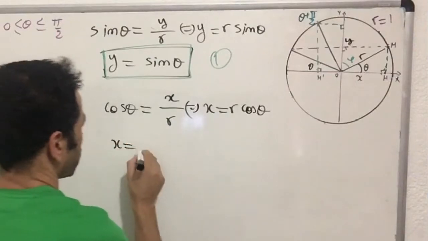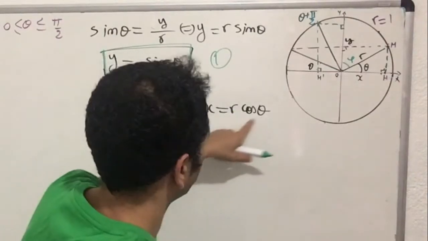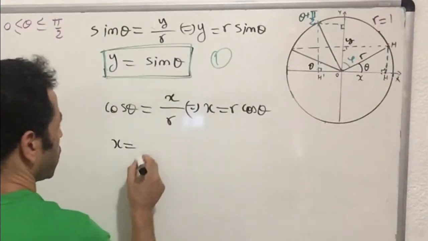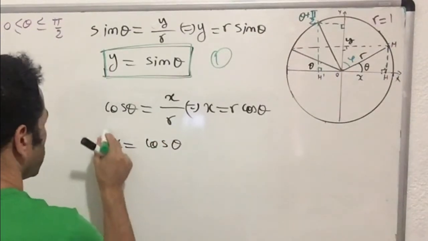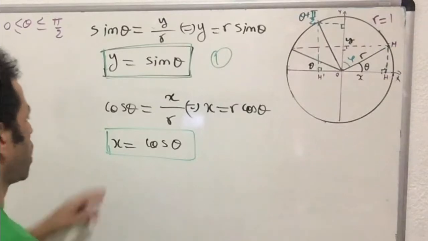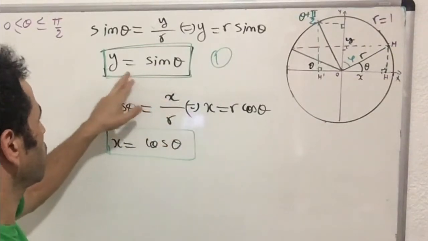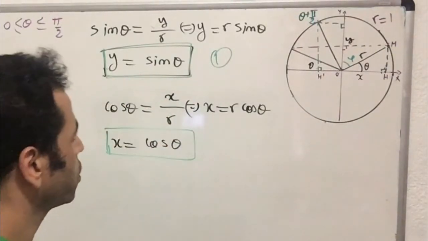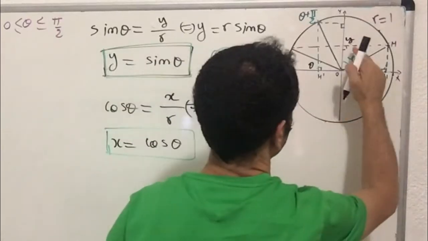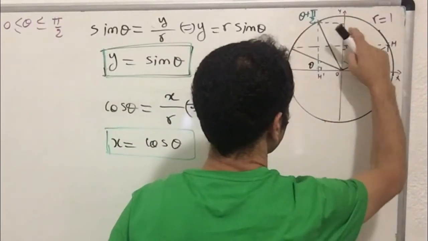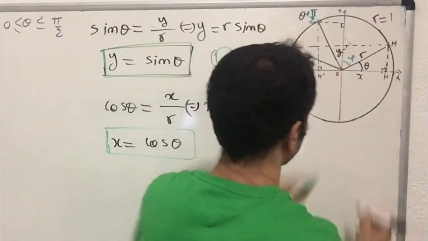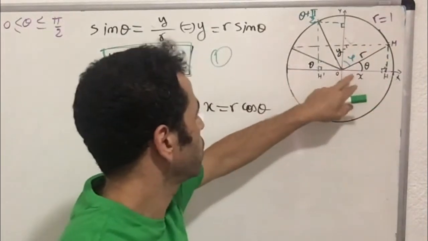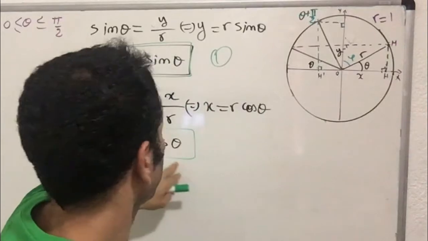Since r equals 1 because of the circle, x equals cosine theta. This is the second equation that I have. So I have x equal to cosine theta, y equal to sine theta. Y is this distance, and this is x, OH, equal to x, equal to cosine theta.